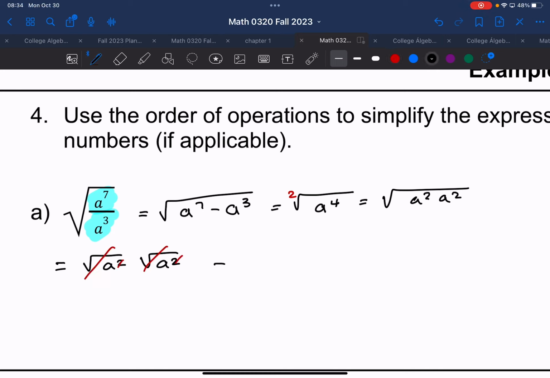So I'm left with a times a, which is the same as a squared. So that means the answer to the square root of a to the 7 divided by a to the 3rd is a squared. So this is us using order of operations and the properties of exponents.